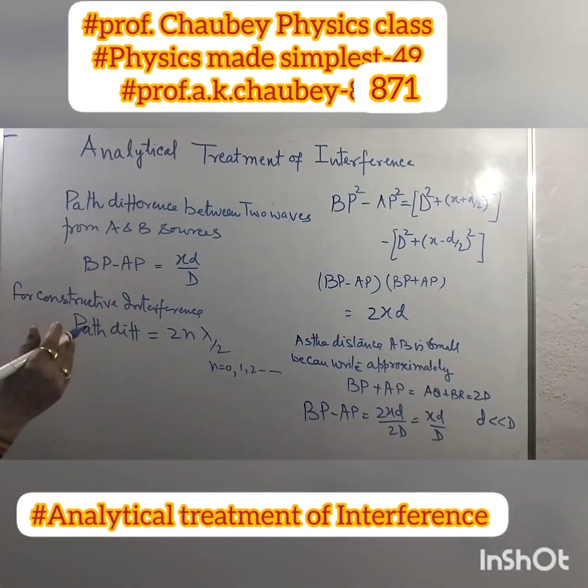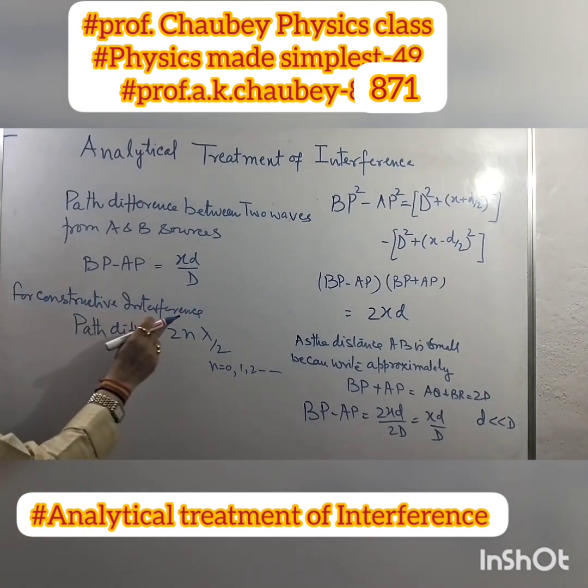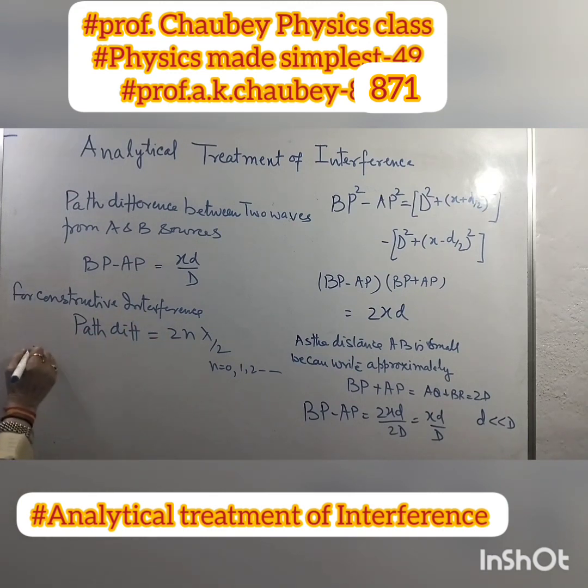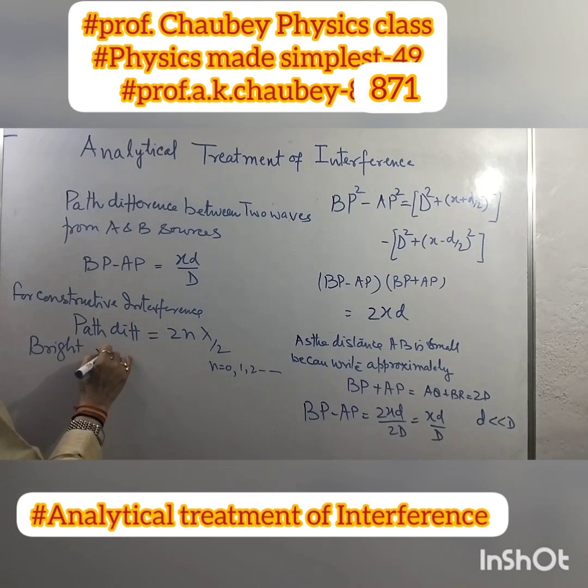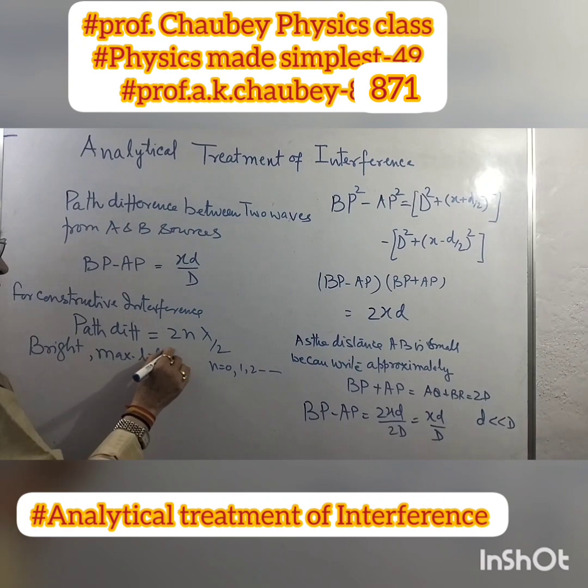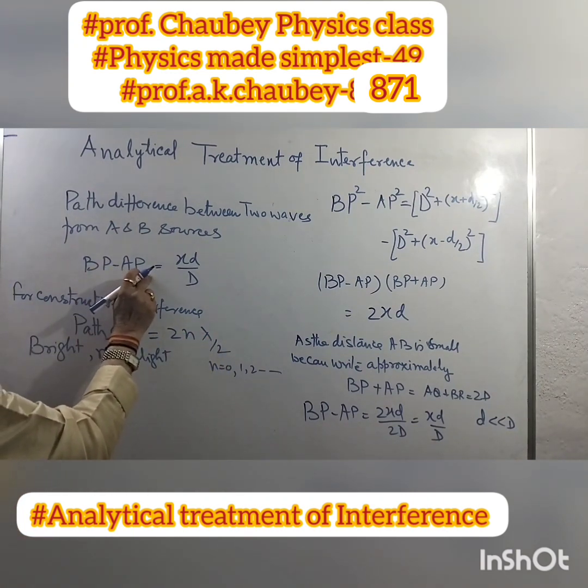It means they have maxima at the same time, so it will be maximum. So for constructive interference, this is called brightness, because bright means light is maximum. The path difference is 2n lambda by 2.